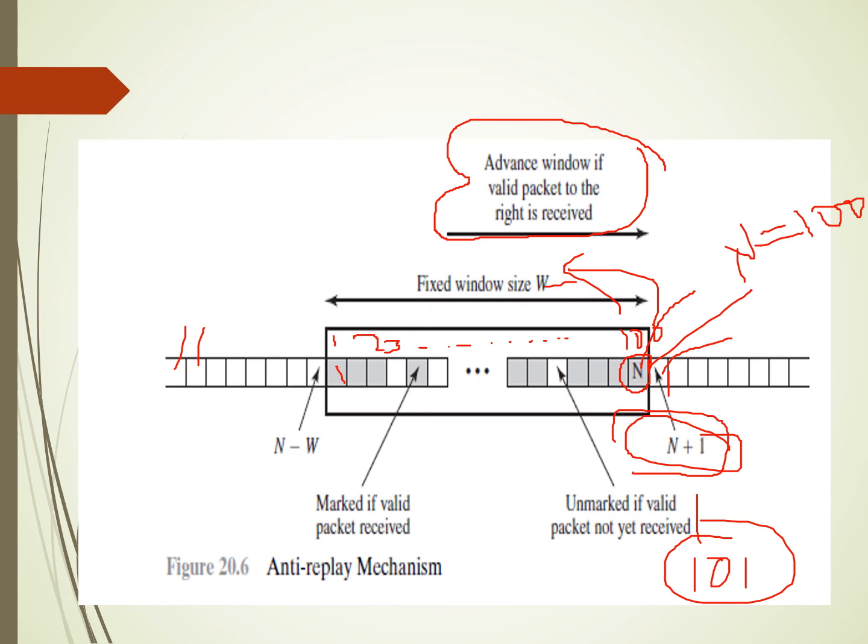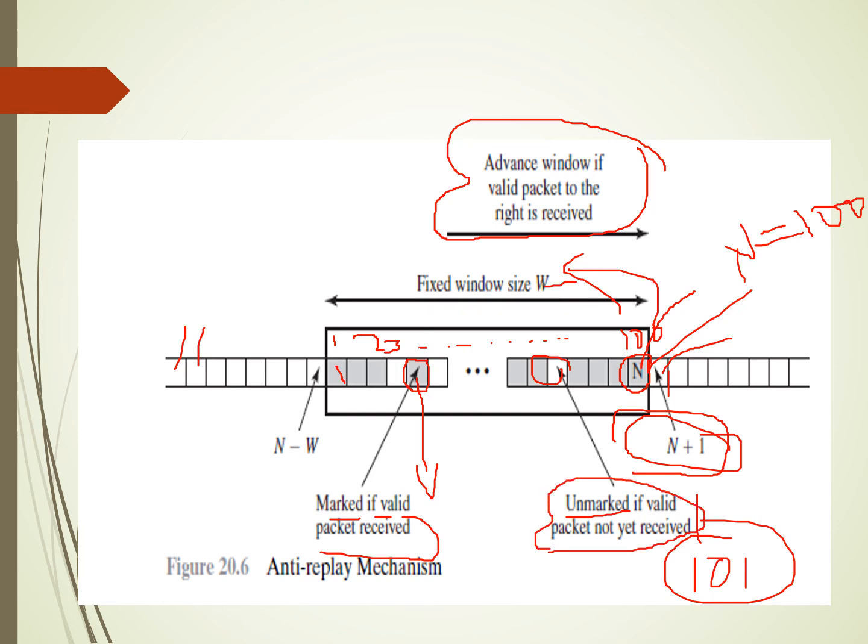After receiving each data packet, see here, it is marked. If a valid data packet is received, it is marked in a dark color. Unmarked, the white space, represents that a valid data packet has not yet been received.